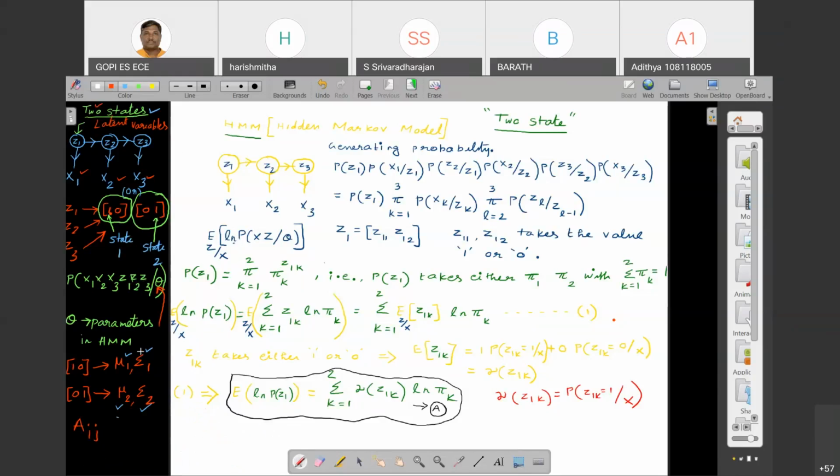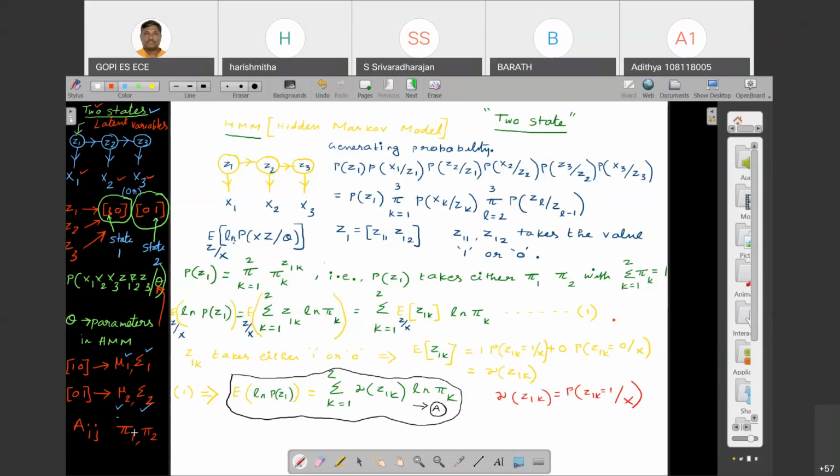So these are all unknown. All of these come under theta: mu1, sigma 1, mu2, sigma 2, and the transition probability. And not only that, we also need the probability that the first vector x1 is generated with some state. That is represented as pi 1.